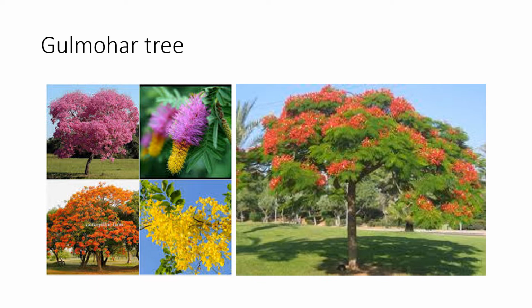And when you come to school, children, I'll show it to you in the school campus. So let us learn the spelling of Gulmohar. Gulmohar tree. It's very big, shady, has many branches. Let's go to the next picture.